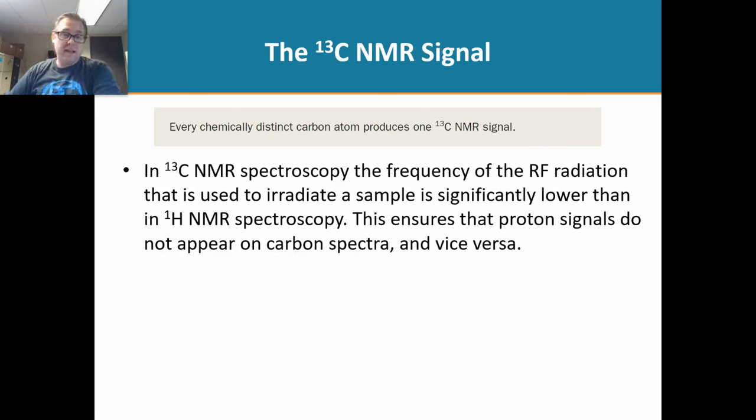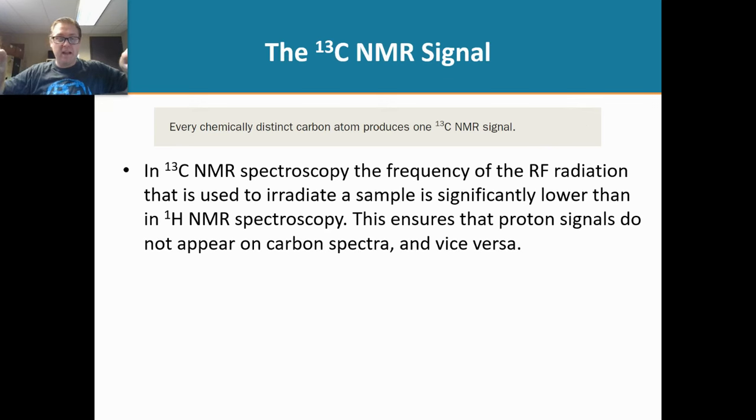Now, what's interesting is that for carbon-13 NMR, the radio frequency that is used is going to be significantly lower than the frequency used in proton NMR. So you can put your sample into an NMR and select to do a carbon NMR or a proton NMR, and they're separate.